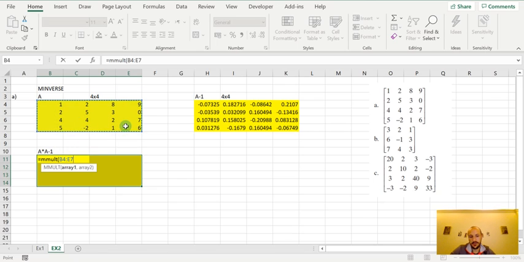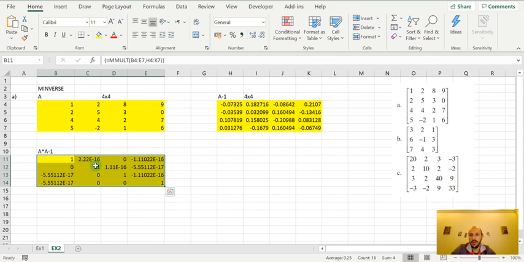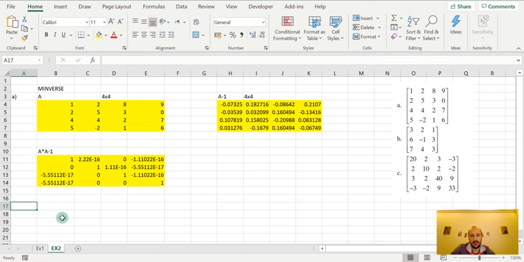Multiplying these two matrices, Control Shift Enter, will lead to a 1 1 1 1 identity matrix, and the other values are approximately 0, because 10 to the power minus 16 is a very low number. This step was not required, but again just to make sure that what we are doing is fine.